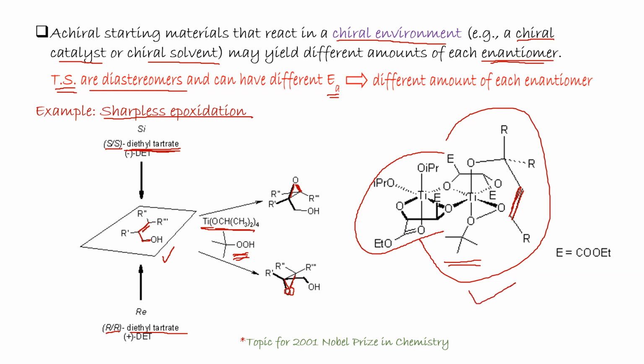Now we are expecting it will proceed with different energies, with different rates, and the enantiomeric excess will appear in the products.